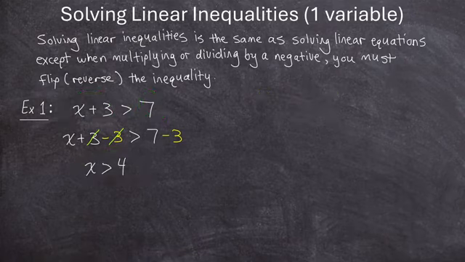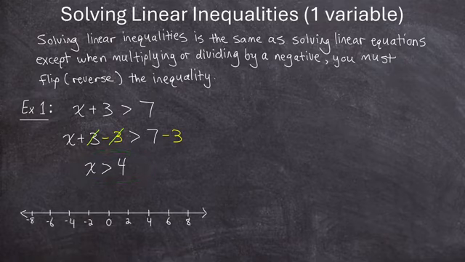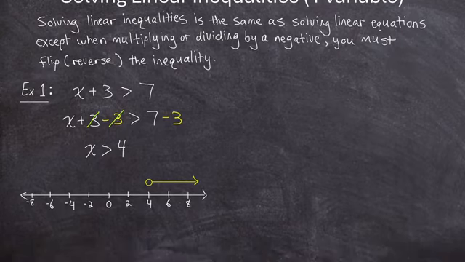But there are a couple other ways we could describe this answer. I could graph this inequality on a number line. To graph the x values greater than 4, I would put an open circle at 4 because I don't want to include 4, and then draw a line extending out to the right infinitely. Or the most common way to describe the answer to an inequality is to write the answer in interval notation.